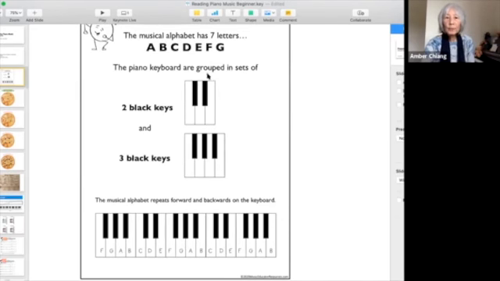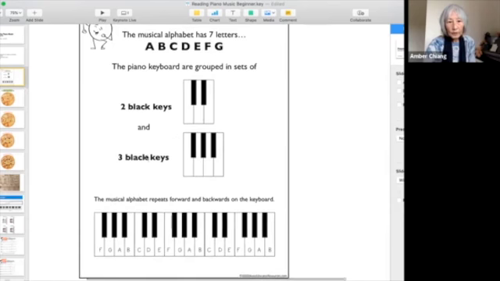The piano keyboard is grouped in sets of 2 black keys and 3 black keys. Here we are looking at the musical alphabet that repeats forwards and backwards on the keyboard. So our most famous note is C. C is located to the left of the 2 black keys on the white key, right here.